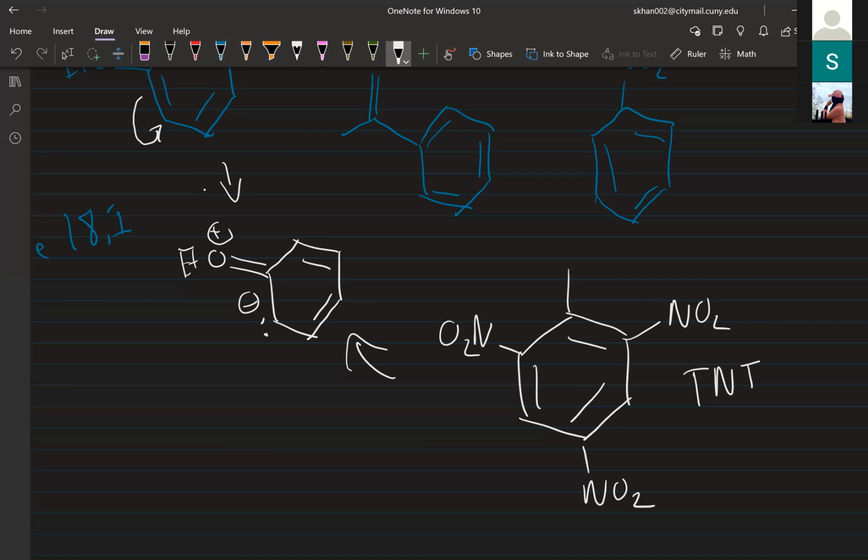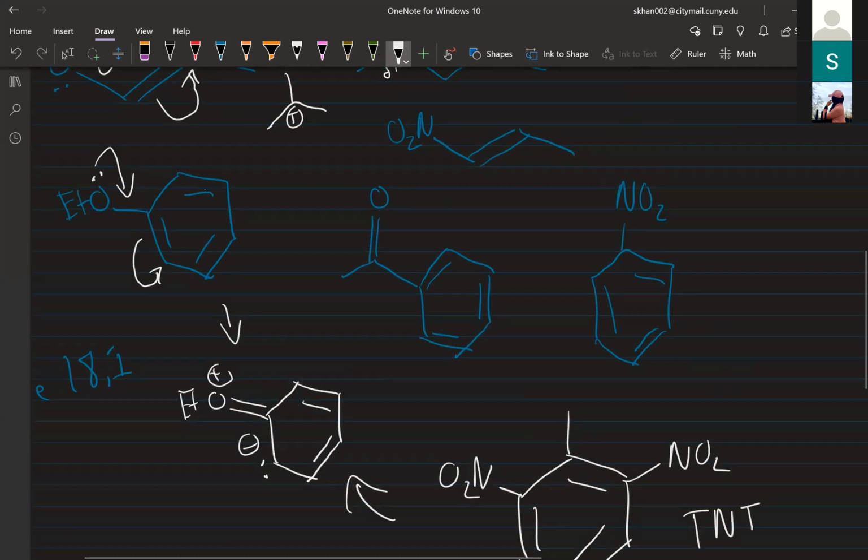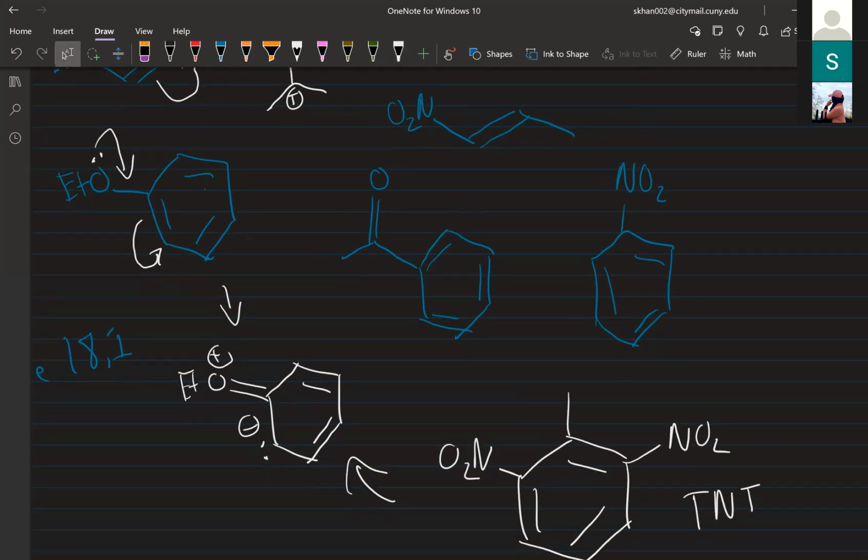this molecule, I could tell you that all these nitrogens in this case are electron withdrawing groups. In the case of nitro, if I was to fully draw it out, it's going to be N plus. So the nitro group is probably the only one you would have to kind of memorize, in a sense.